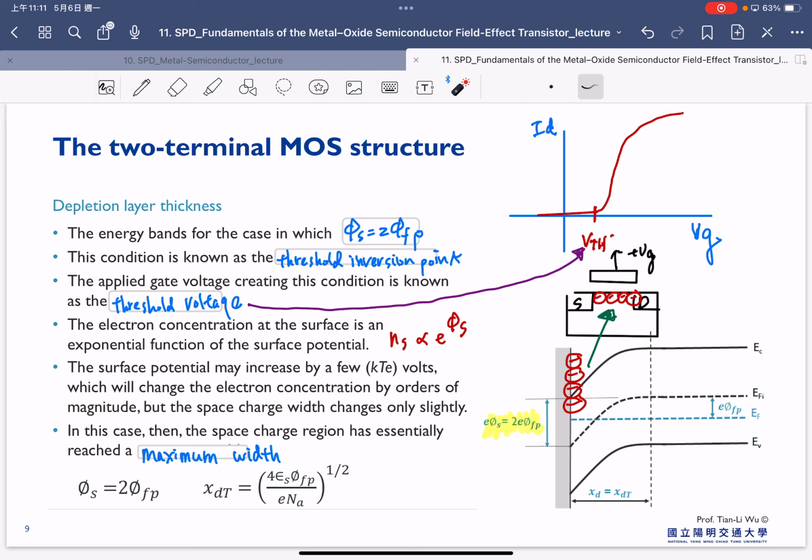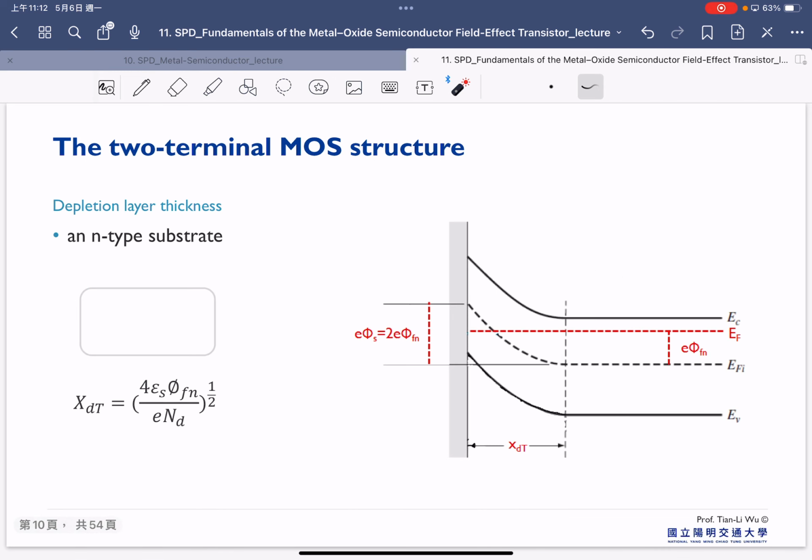And similarly, we can do similar things in the N-type substrate. In the N-type substrate, we also have phi Fn equal to Vt natural log Nd over Ni here. And here we also consider phi s equal to 2 phi fp.